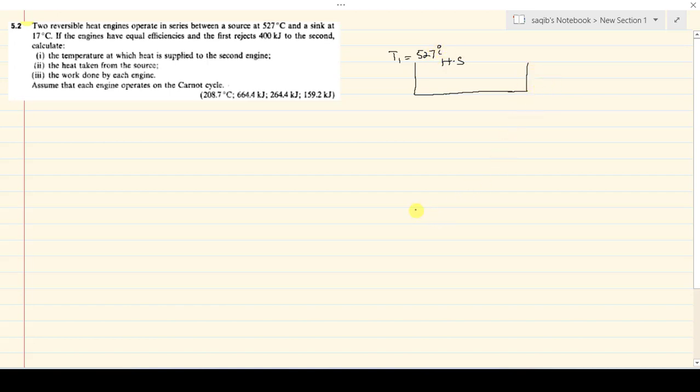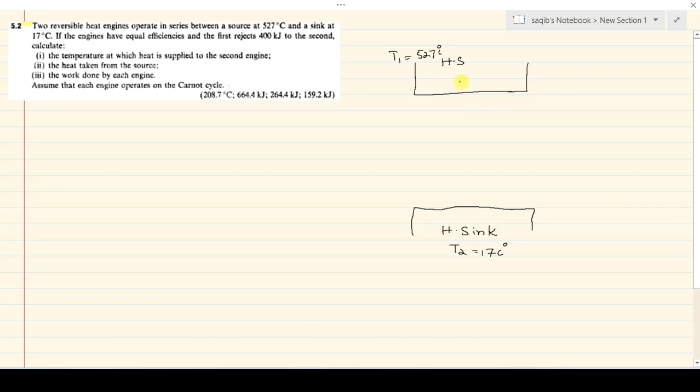Below it there is a heat sink. That temperature is T2, that is 17 centigrade.